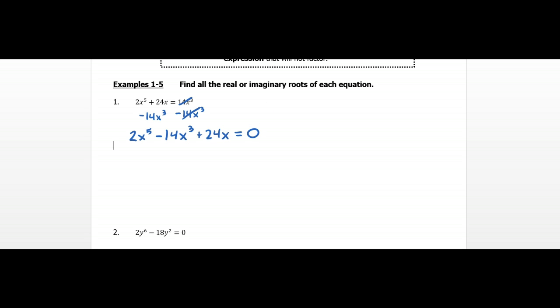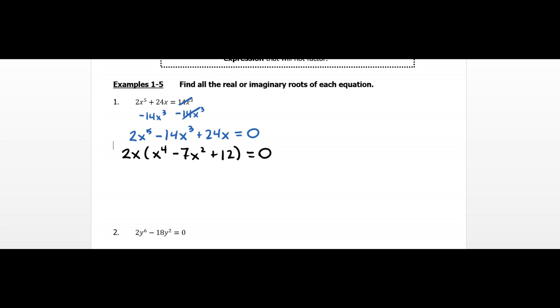From there, I'm going to factor. The first thing I want to check for is a GCF. I see that I can take out a GCF of 2x for this one, so I'll factor out my 2x. That's going to leave me with the trinomial x to the 4th minus 7x squared plus 12, all equal to 0.